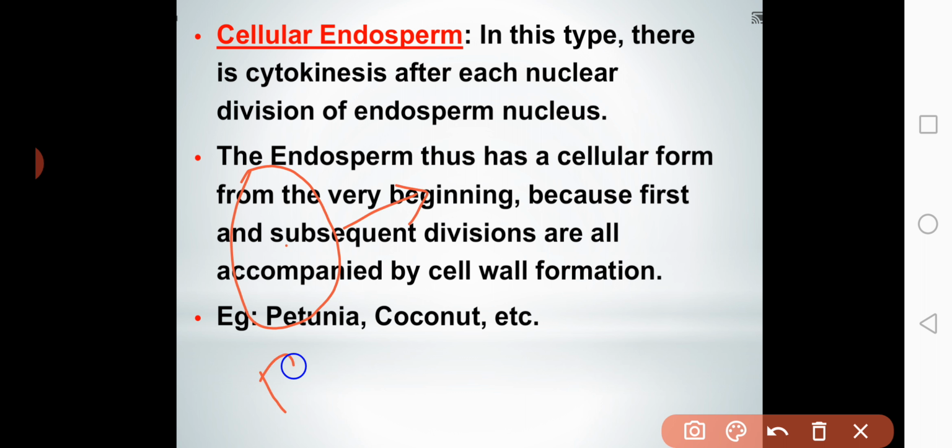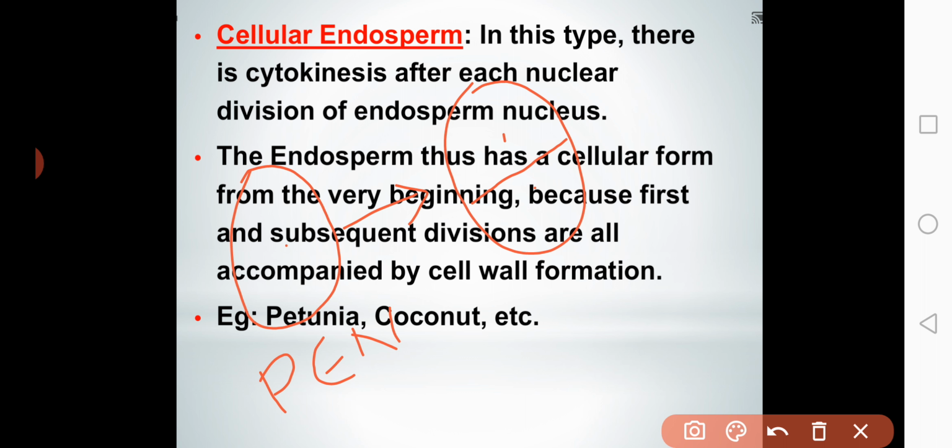It undergoes nuclear division so that it produces two nuclei. Soon after the division of nuclei, wall formation takes place. So there is cytokinesis after each nuclear division.